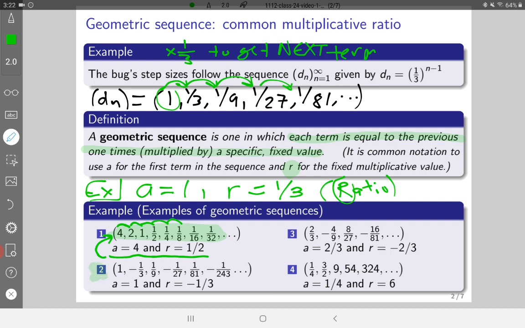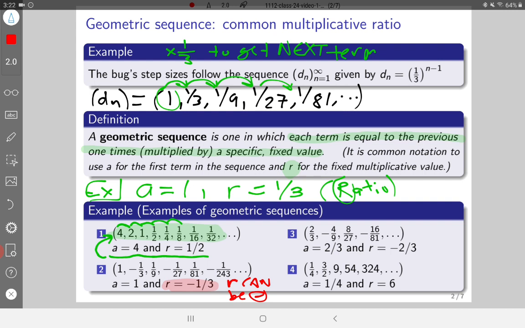In example 2 down here in the bottom left, I'm showing you that yes, it is totally possible, and we'll have an example coming up pretty soon, for r to be negative. That is perfectly fine. All that means is that when I multiply by r, that multiplicative value, then the sign of the terms will keep switching.